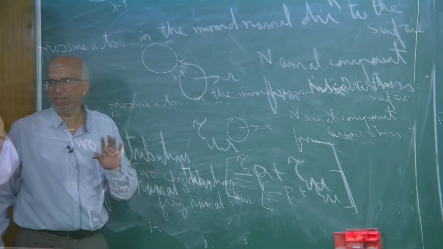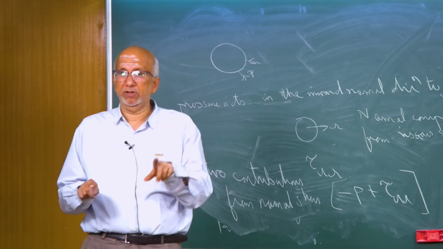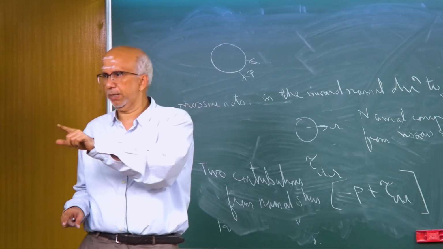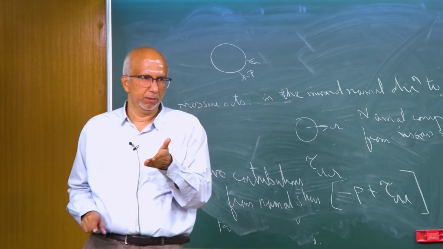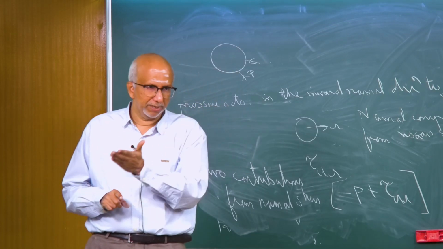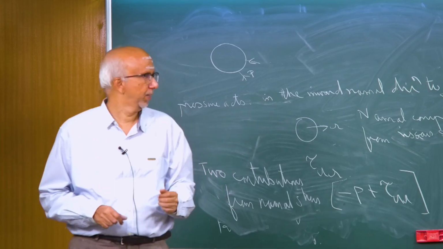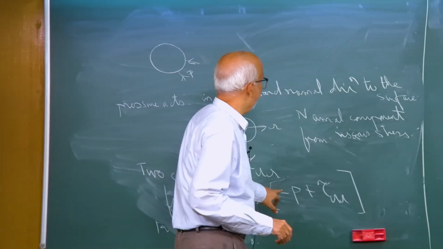I am putting a minus sign because tau r is positive in the outer normal direction, while P is acting in the inward normal direction. If you remember the Navier-Stokes equation, we have minus P plus tau. So, that is the reason we have minus P, and I can write the entire thing in matrix form. The normal components will always have minus P I plus tau. Anyway, that is the normal component.